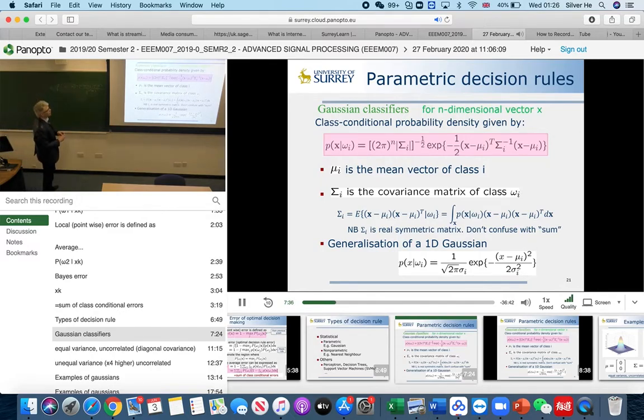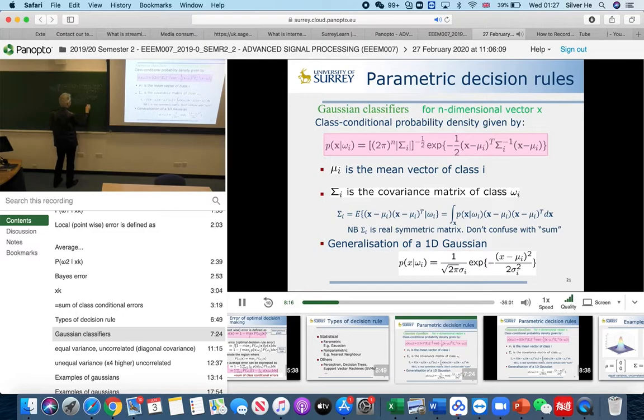You're probably most familiar with this. I'll write this out in an easier form to start with. So the general one-dimensional Gaussian: we have P of x given omega i is, in one dimension, 1 over the square root of 2 pi sigma squared, e to the minus a half of x minus mu i over sigma squared, squared.